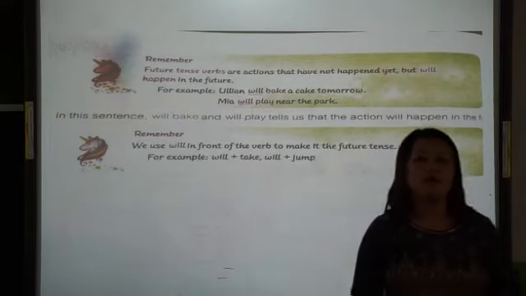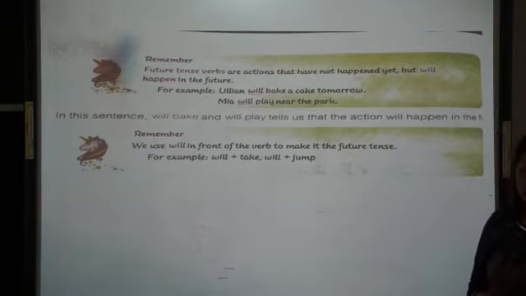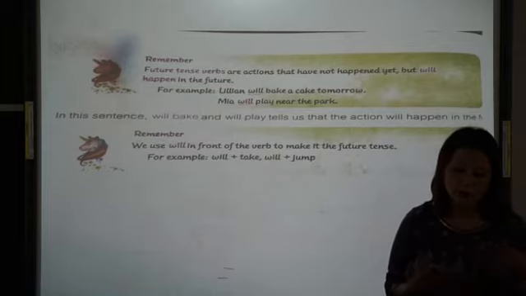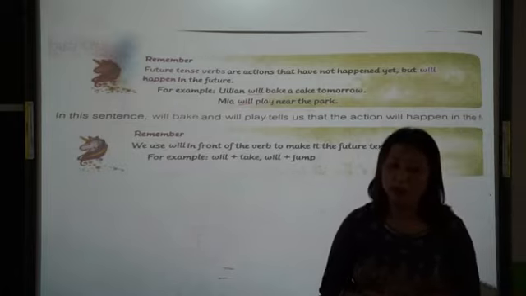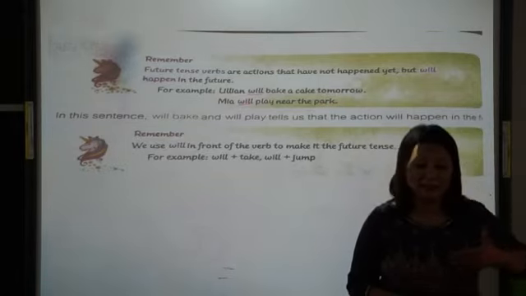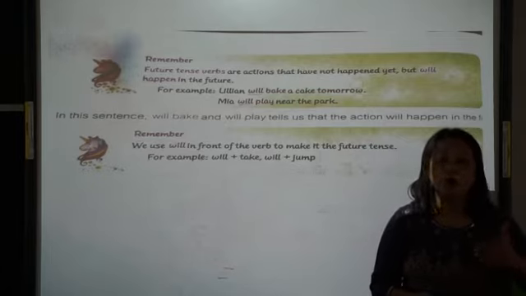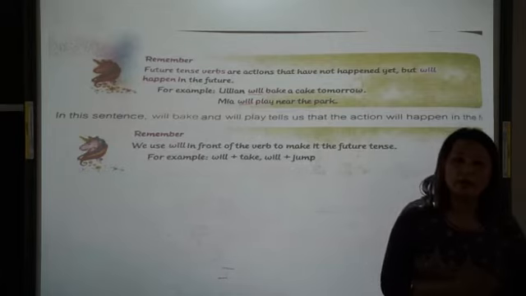Let's see some more examples. I will play in the garden. I will fly to Paris tomorrow morning. Flowers will bloom in spring. So in these sentences, the word will is added in front of the verb.